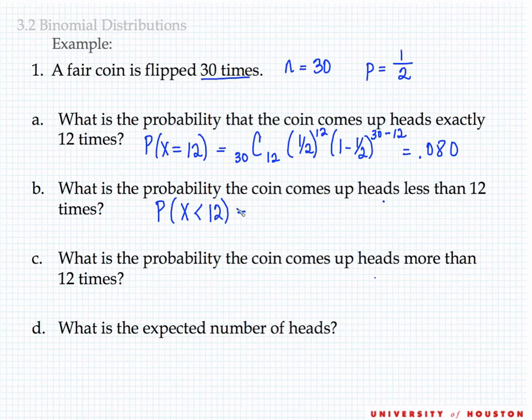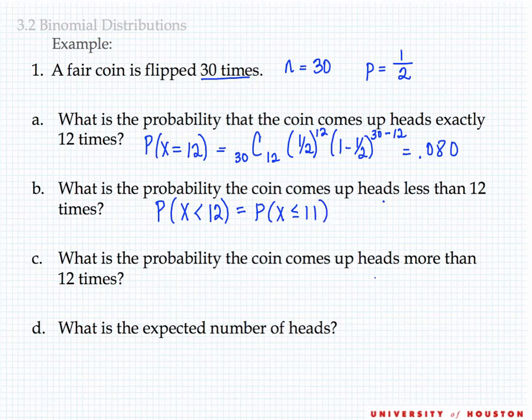So if I want to write this with a less than or equal to, we have to think about what's going on here. Less than 12, well, because these take on whole number values 0 through n, the next number less than 12 is 11, and we would be including 11. So this probability is the same as the probability of x being less than or equal to 11.